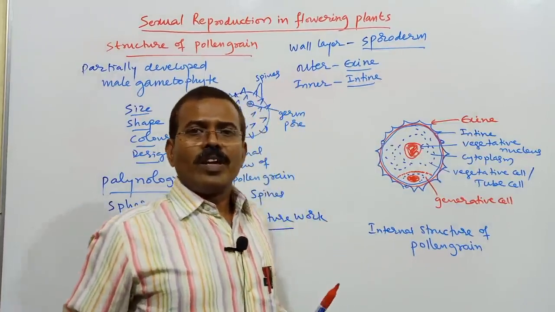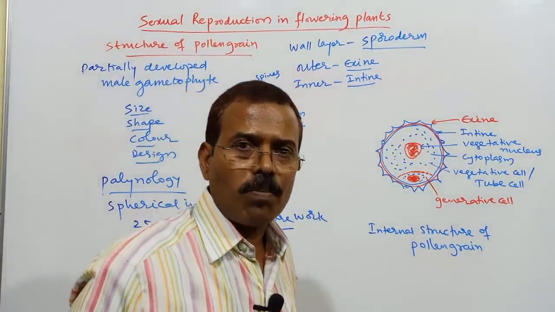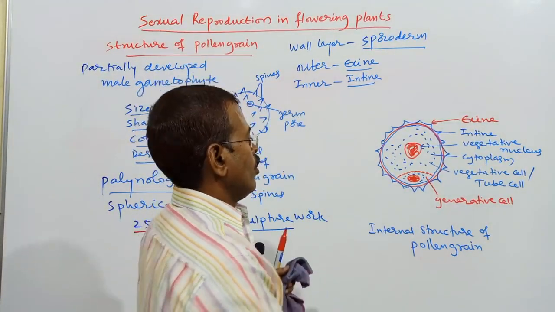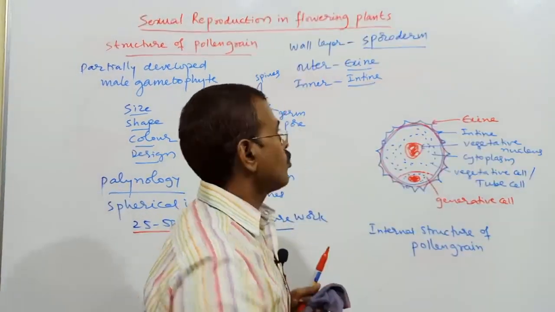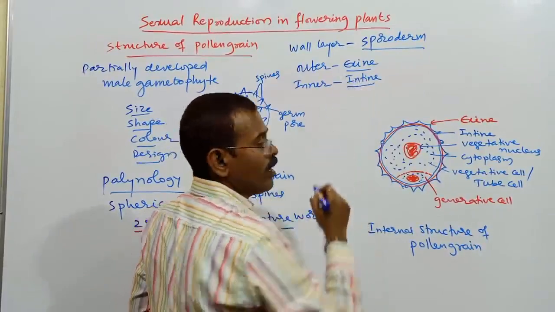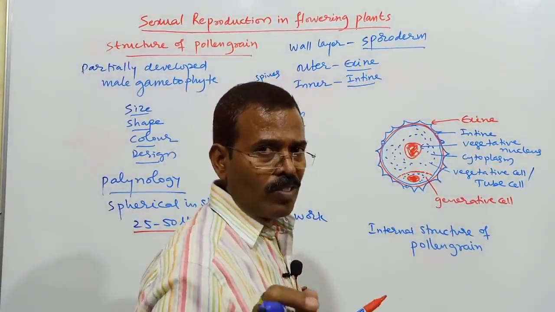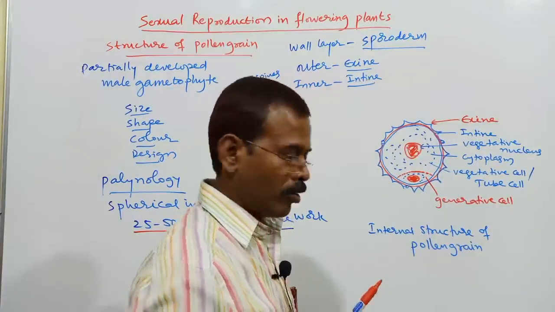This is the internal structure of a pollen grain. So you can see the two wall layers, outer exine and inner intine. First we will have the exine layer.